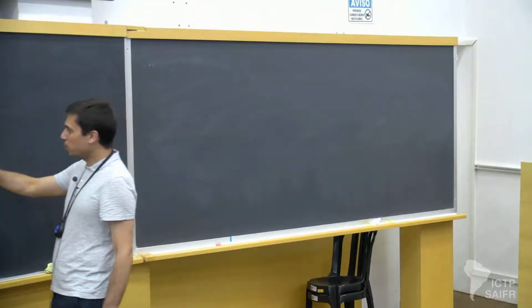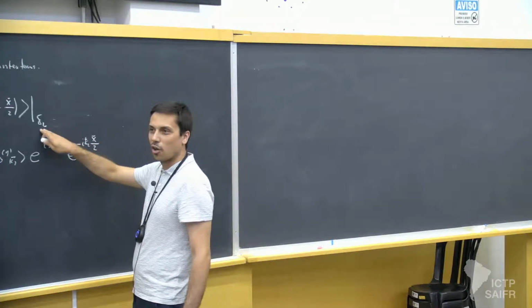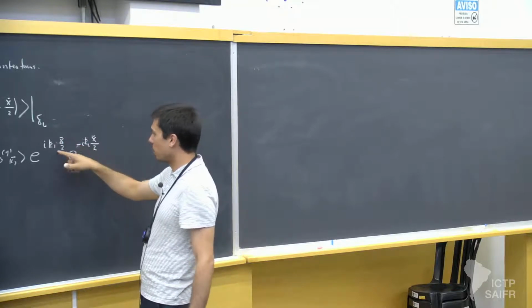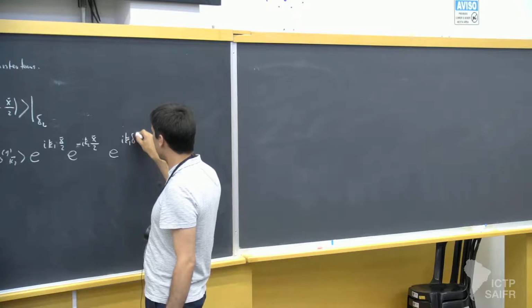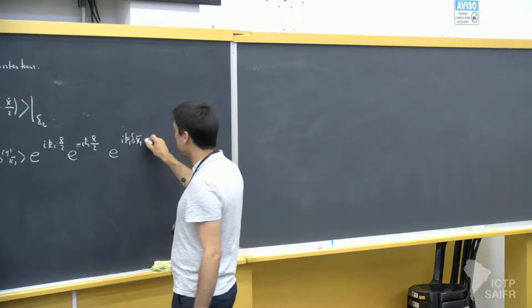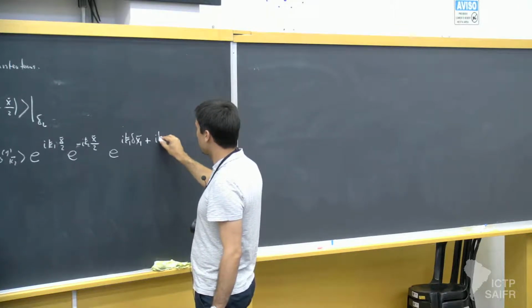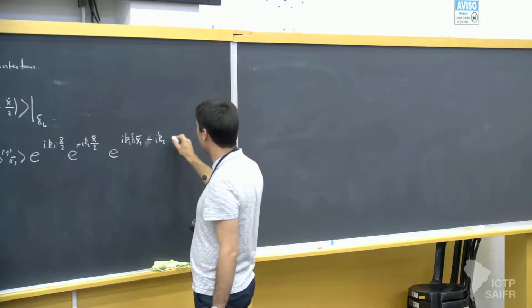And now, each of these positions is displaced by some amount. This is the effect of the long wavelength modes. So here I have x/2 plus delta x1, so let me write it like that: i k1 · delta x1. And then I have the displacement here, which is plus i k2, or actually minus, because it comes with the opposite sign, delta x2.